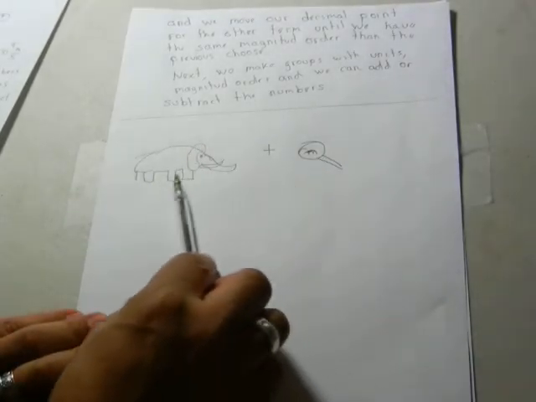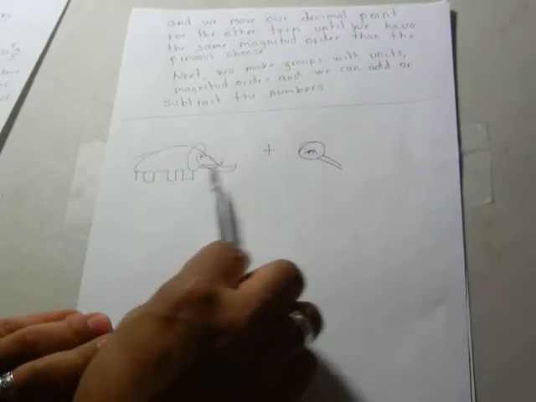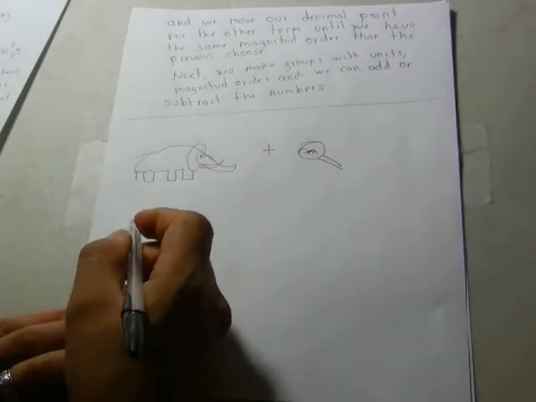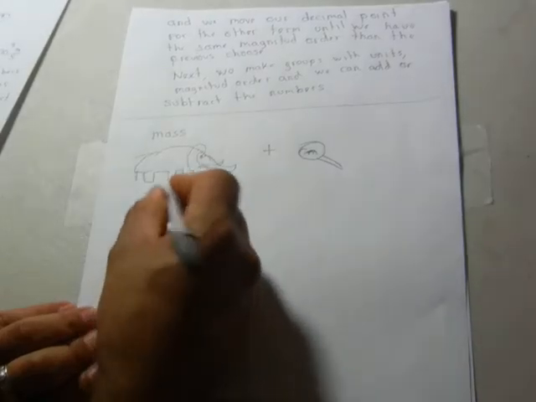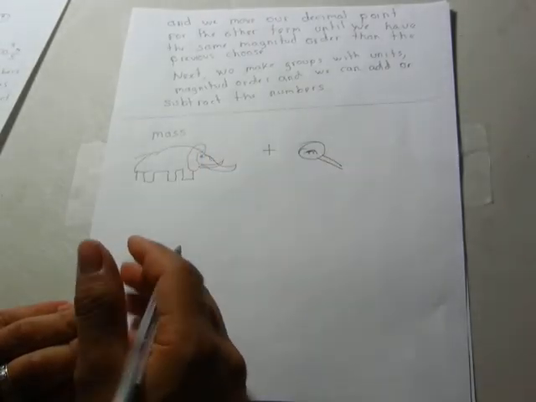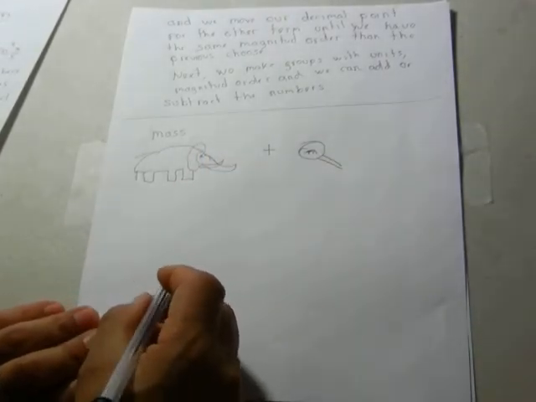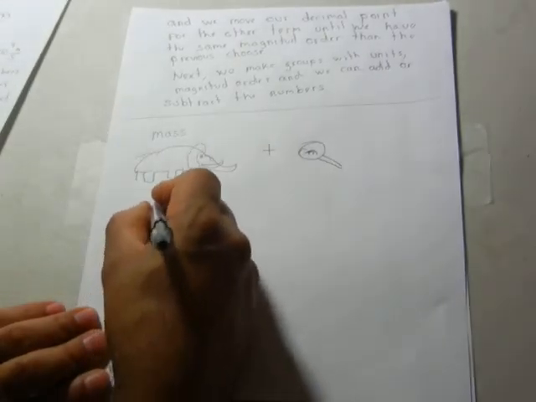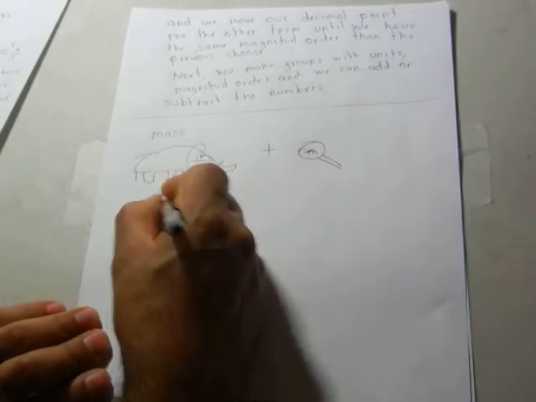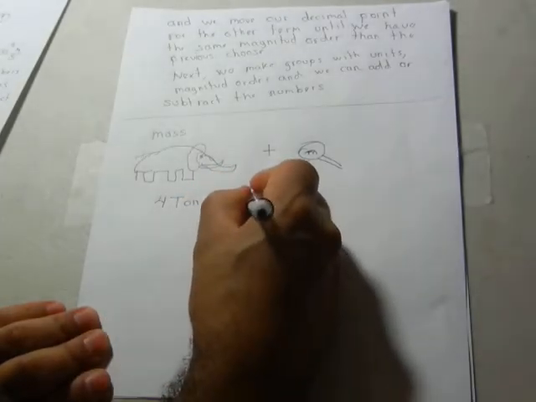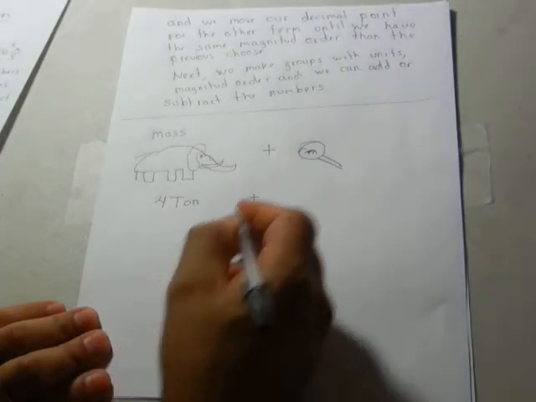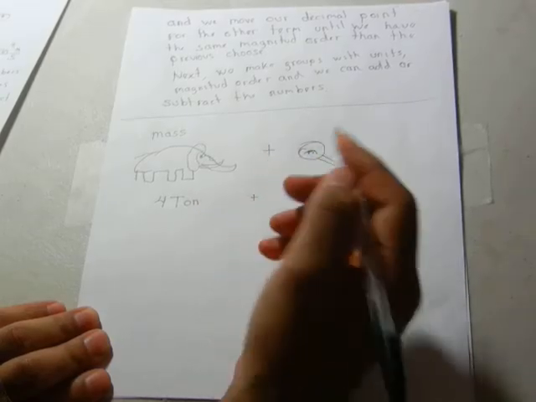Whenever we think about the mass of one elephant, to give one approximation, it is going to be approximately maybe 4 tons. And we are going to add the mass of one little bug.